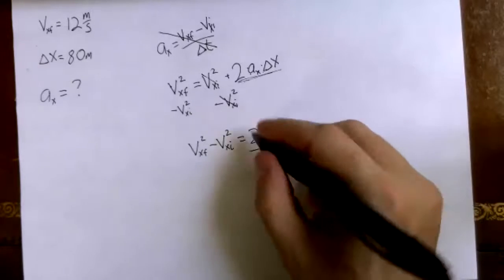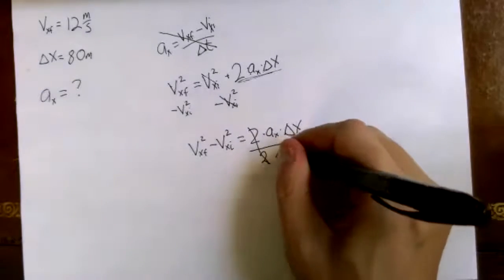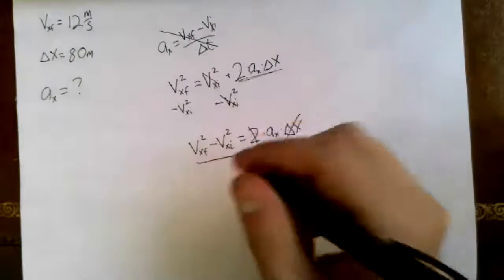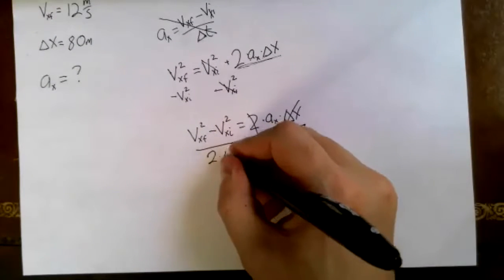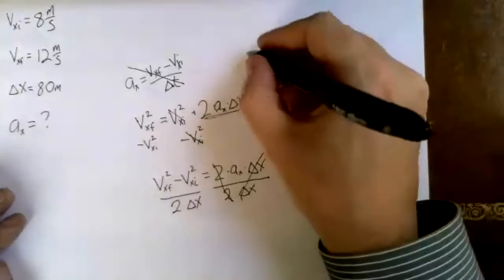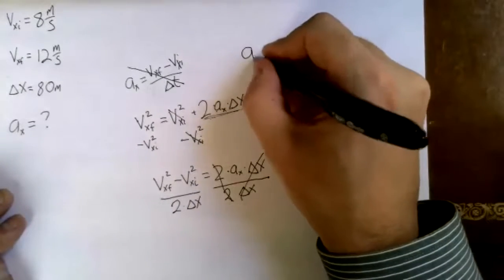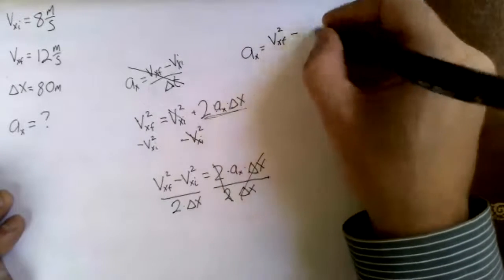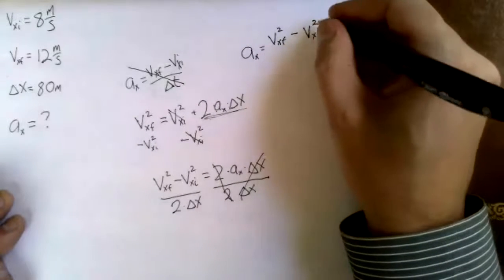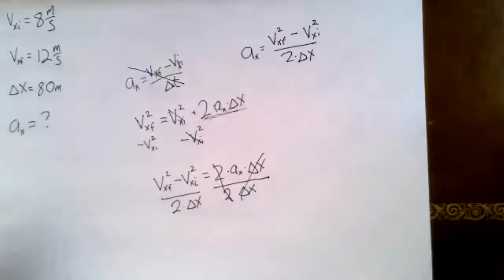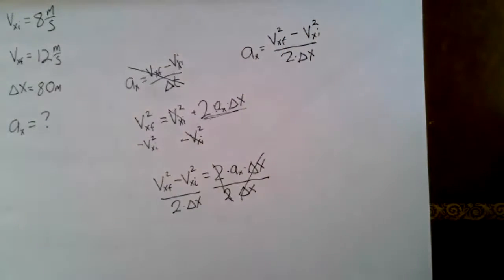If I divide by 2, it cancels out, and if I divide by delta X, that cancels out too, and I'll do it over here as well. So the equation I end up with is acceleration equals final velocity squared minus initial velocity squared divided by 2 times delta X. Okay, everybody okay with how we rearranged that?